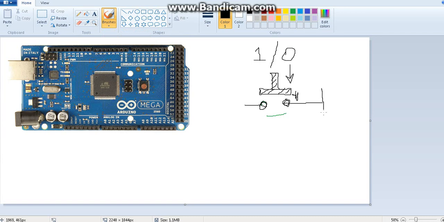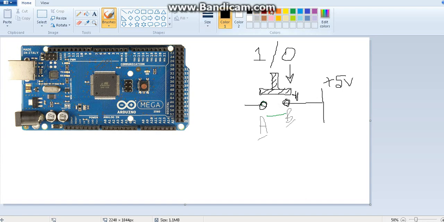Let's say here I have a 5 voltage connection, using some source. Before that, we will have names for the places. This terminal I will name as B and this terminal I will name as A. So B is connected to 5 voltage, and A is not connected with B now.